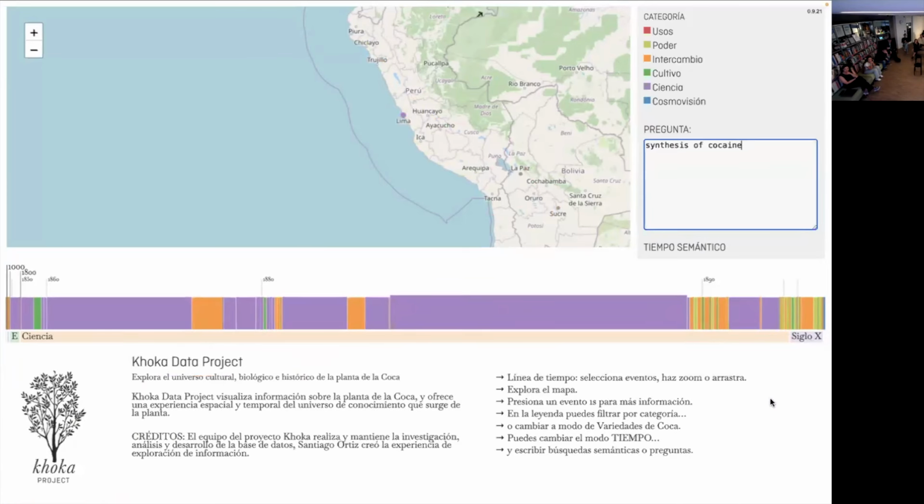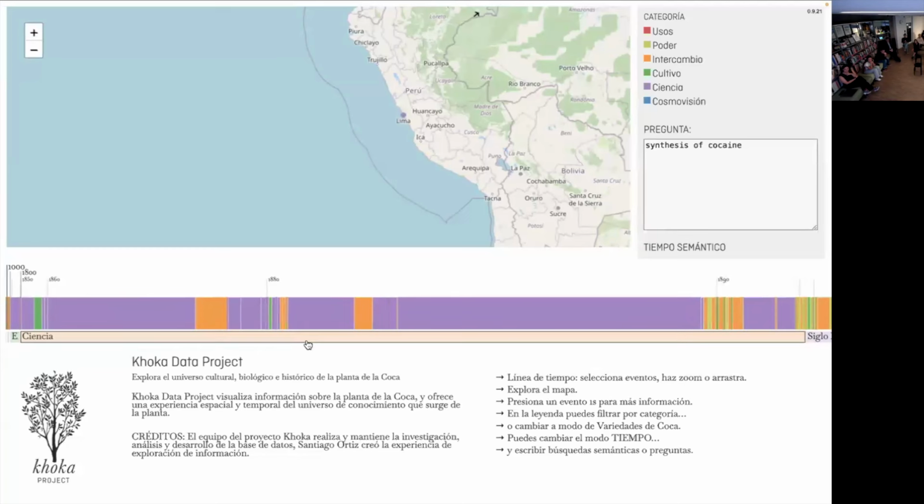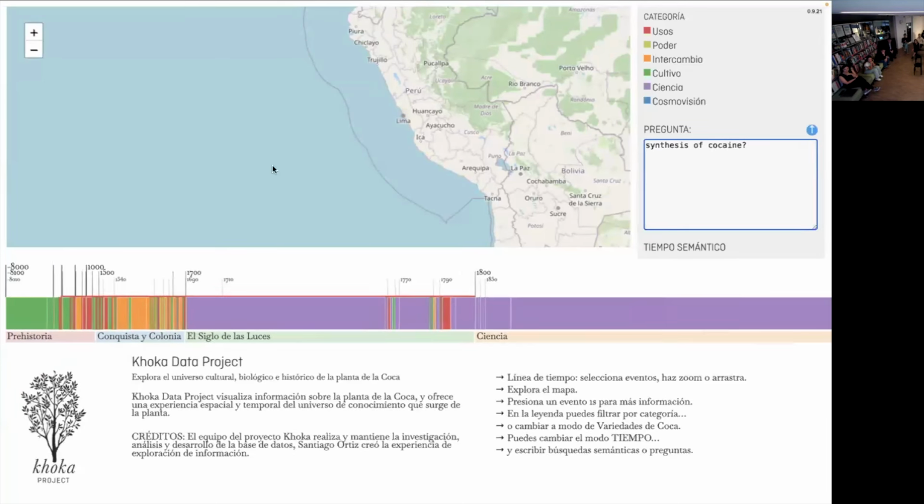And I can even go to the 20th century, or I can go to the most important period of time for this question, which is the scientific era, etc. So I can continue navigating, but I can also make this a question, and it will, of course, answer for me, looking into the contents.